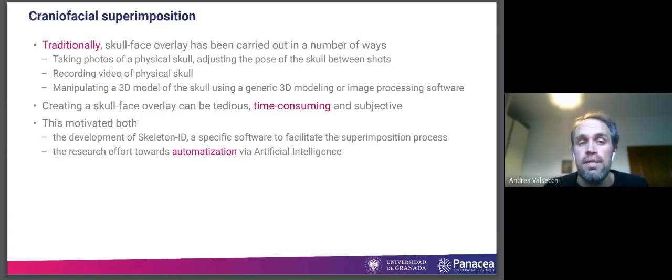Anyway, creating an overlay this way can be very tedious and time-consuming, and the end result can be quite subjective, which is something that motivated, on one end, the development of our software Skeleton-ID as a specific software to facilitate all the tasks in the superimposition process, and also, as a researcher, it motivated an effort towards the automatization of skull-face overlay using artificial intelligence.